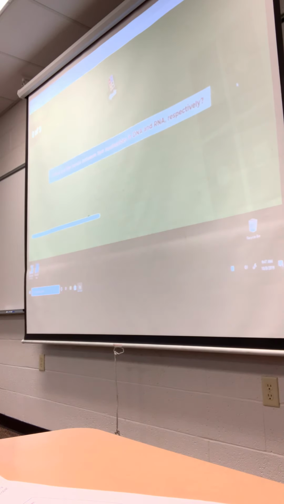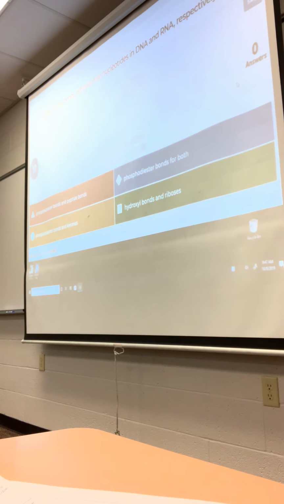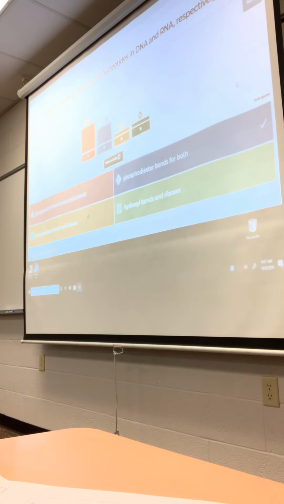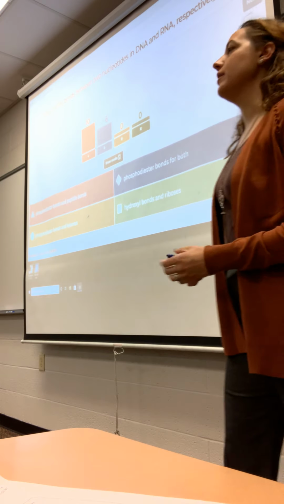Two more questions. What are the bonds between nucleotides in DNA and RNA? Don't get tricked. So phosphodiester bonds, because we have very similar molecules in DNA and RNA, if you recall.